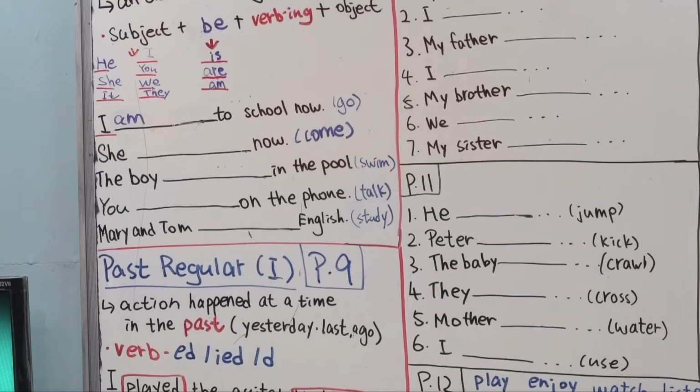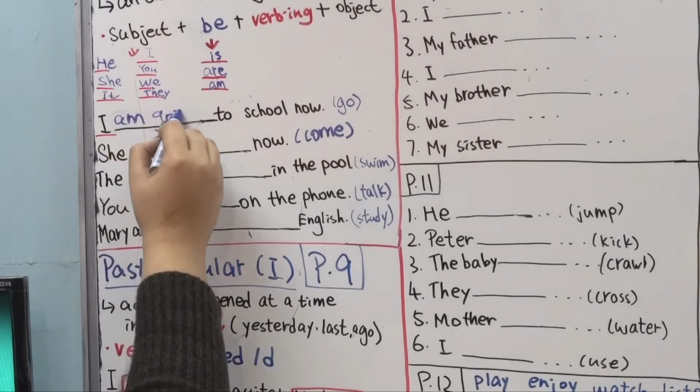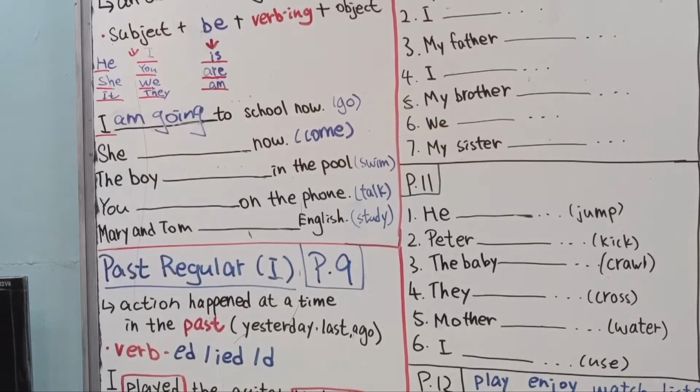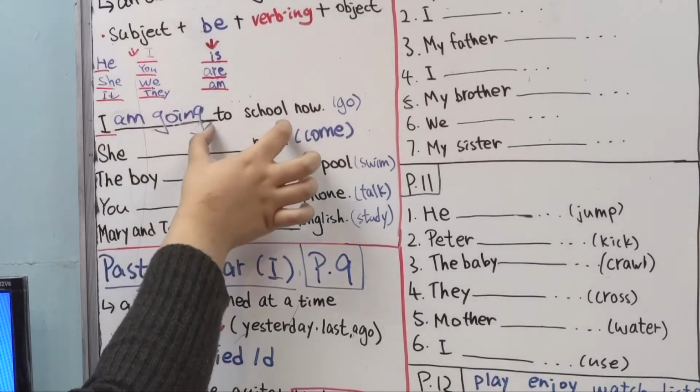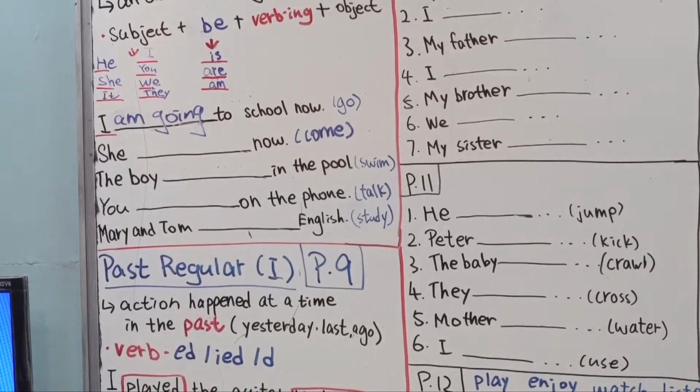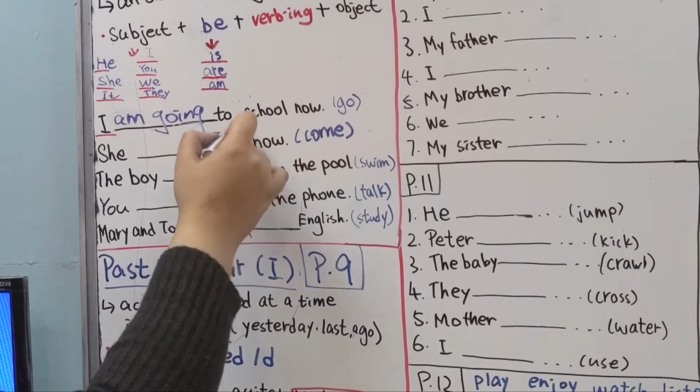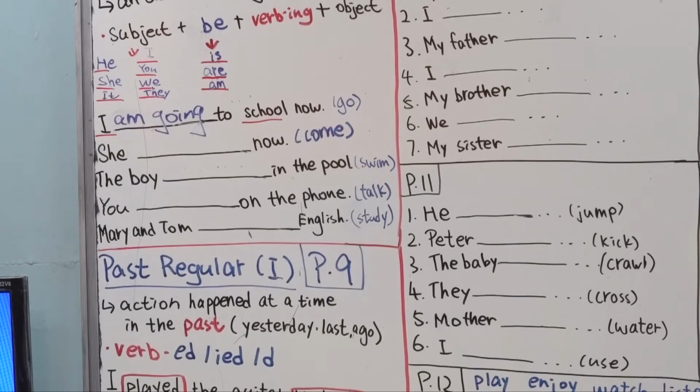How do we change go to present continuous tense? We add ing. That's it, right? I am going to school now. So this sentence tells you the subject is I and school is the object, right?